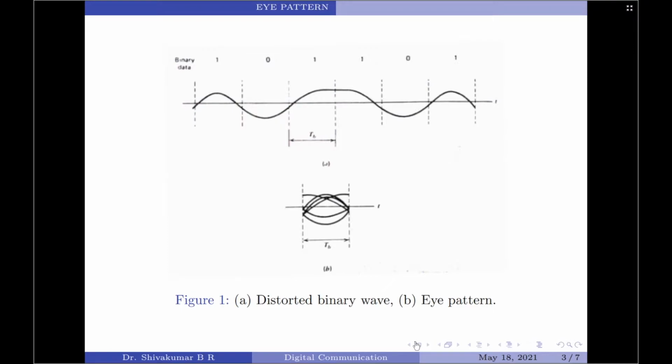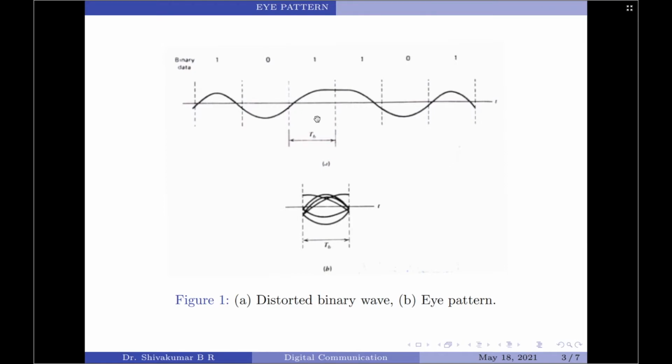In this diagram, we provide an example illustration for the case of a binary wave for which capital T is equal to Tb. Please note, this is the received signal and we have not shown here the sawtooth wave, which must also have the same symbol rate as that of the transmitted signal.